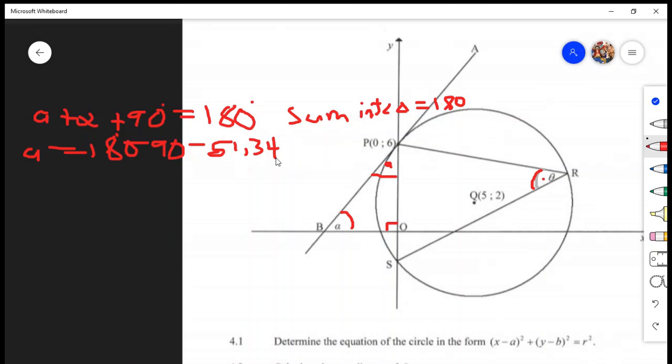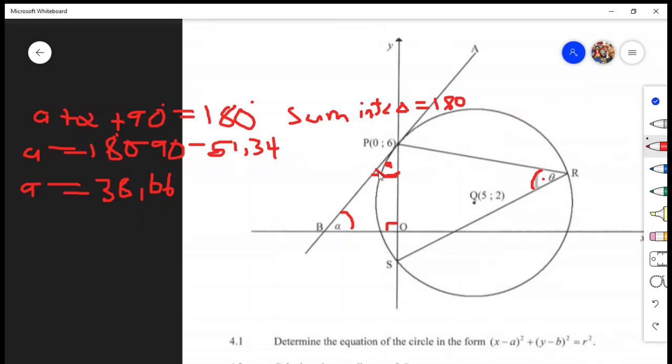So A is therefore equal to 90 minus 51.34, and A is therefore equal to 38.66. Okay, so that means this angle over here is equal to 38.66.